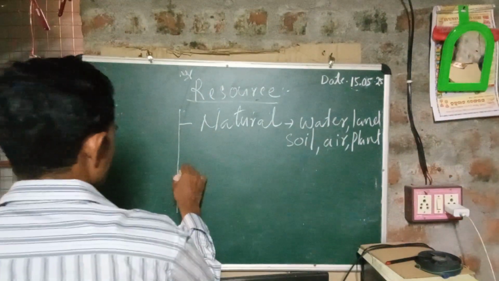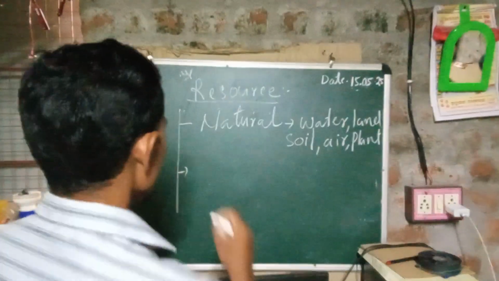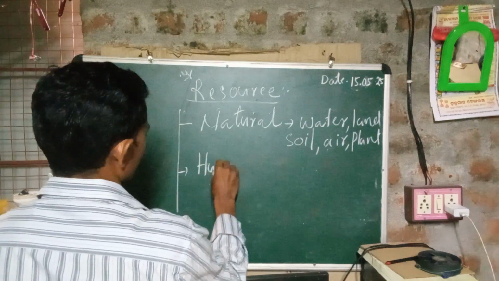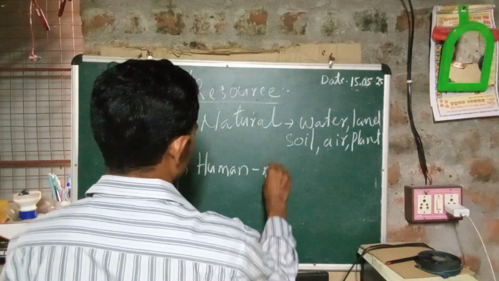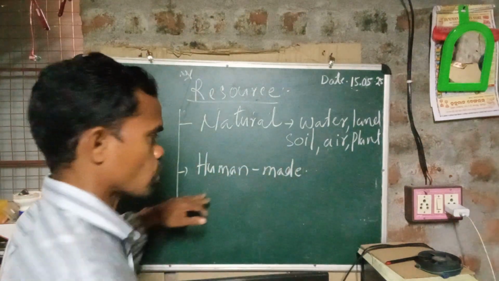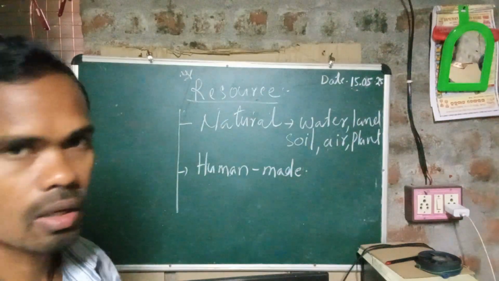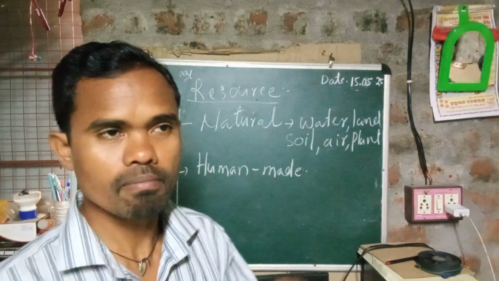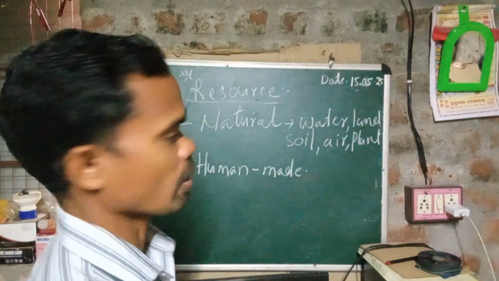And the second is human made, also called man-made. The resource which is made by man or human is called human made.